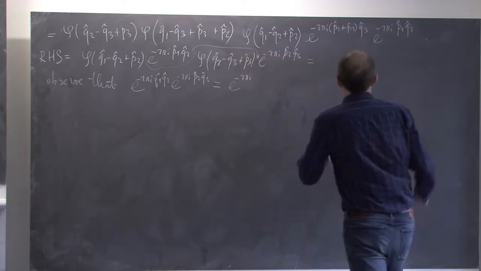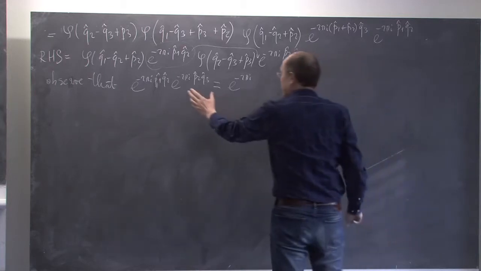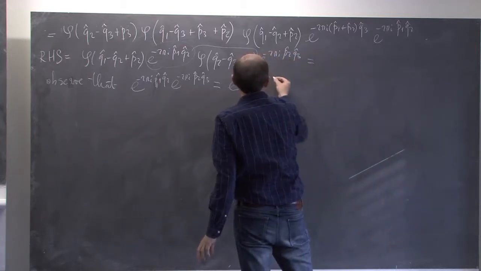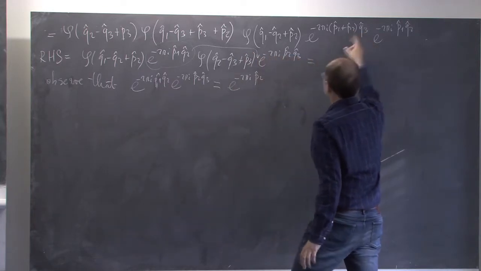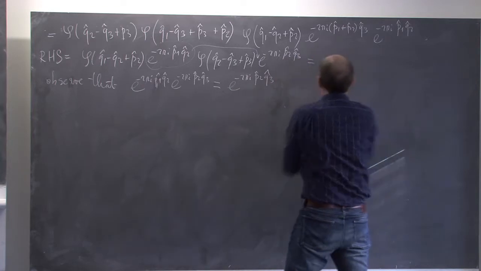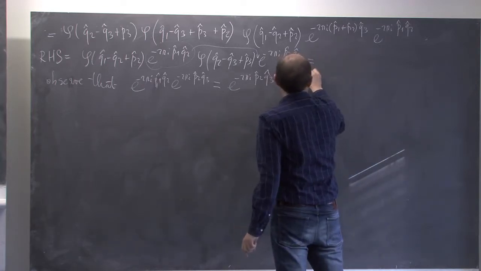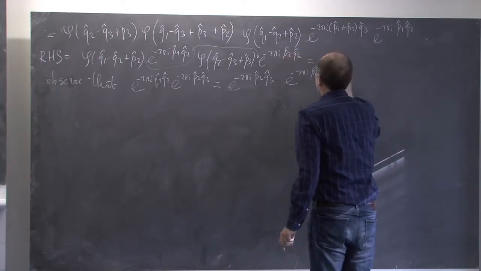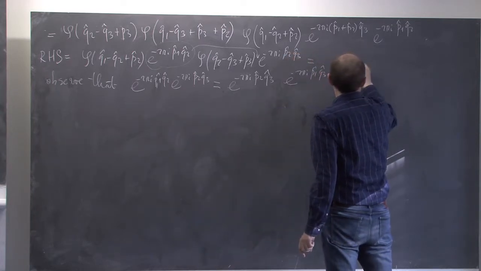Let me separate this to make it clear why it is so. So I put first this term, P2 Q3, to the left. Then I put in the middle minus 2 pi i P1 Q3. And then I put minus 2 pi i P1 Q2.